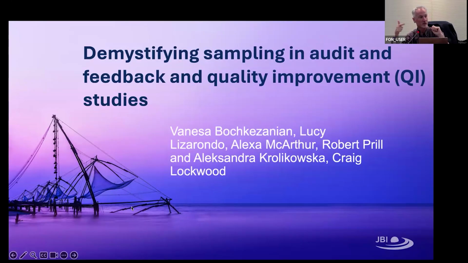It means I need to check the medical records. It means I need to look at our policy manual and procedures. And maybe even other hospital data, automatically collected data around time. How long do different elements take? So my sample is actually more complex in implementation than it might be in qualitative research.